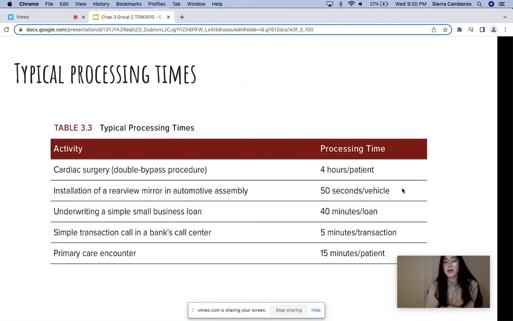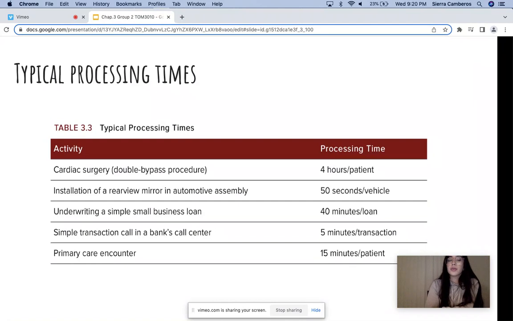And then this chart also is just another example of processing times in other occupations. So for example, you have cardiac surgery, which can take 4 hours per patient. You have the installation of a rear view mirror in an automotive assembly, which takes about 50 seconds a vehicle. And then you have underwriting a simple small business loan, which can take 40 minutes alone.